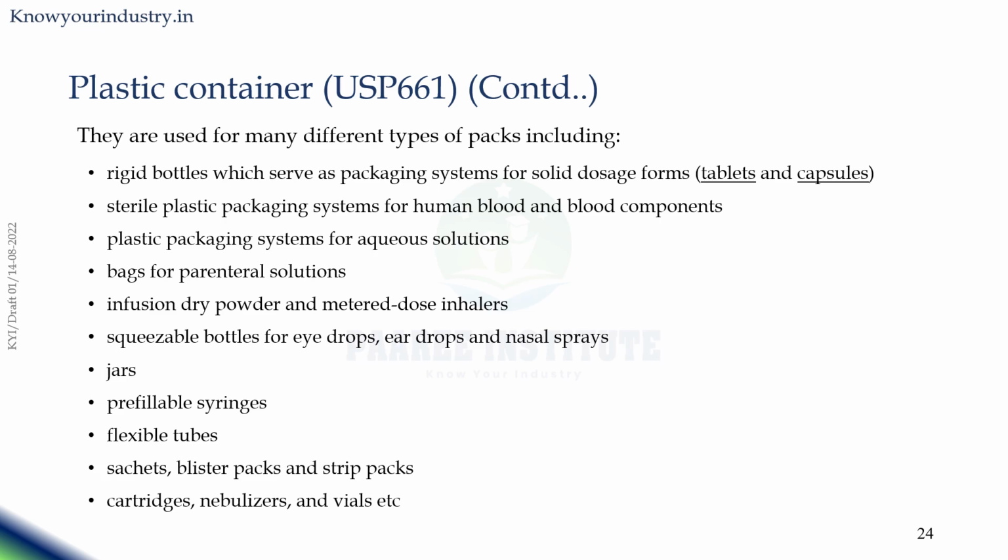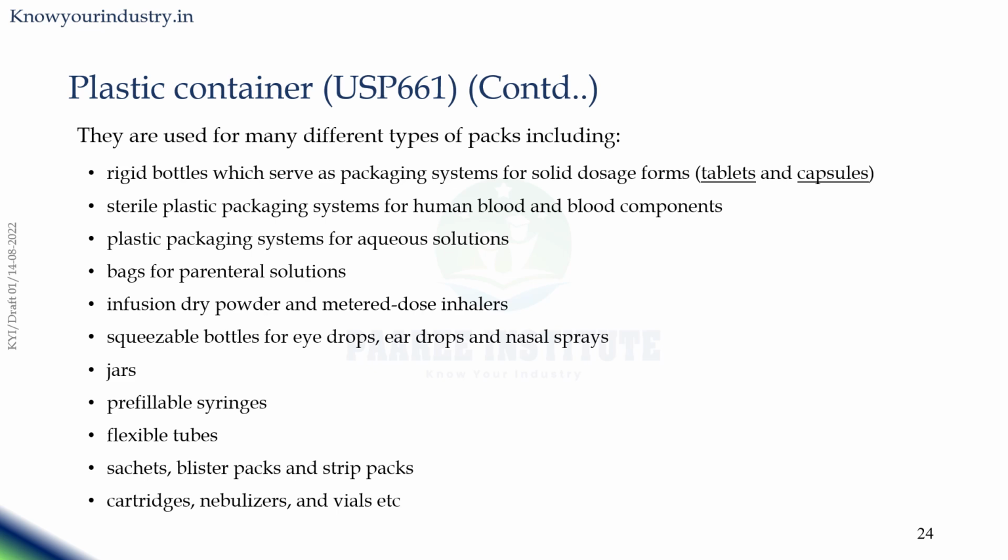They are used for many different types of packs, including rigid bottles which serve as packaging systems for solid dosage forms, sterile plastic packaging systems for human blood and blood components, plastic packaging systems for aqueous solutions, bags for parenteral solutions, etc. The list keeps going.